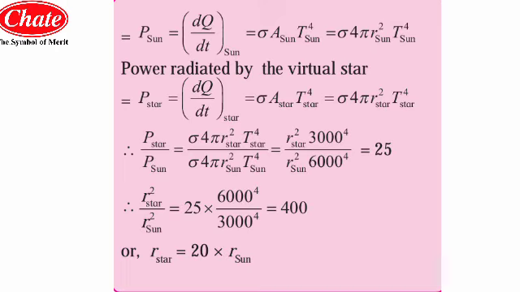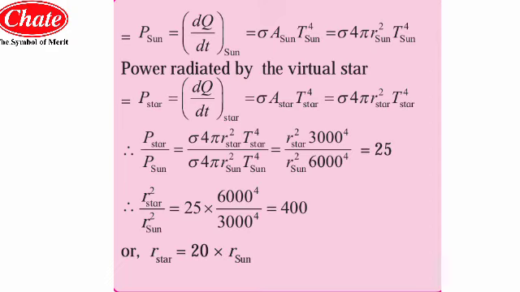Now the absolute temperature of that star is given as 3000, so we will simply put it into the equation, and the absolute temperature of that sun has been given as 6000, in fourth power.